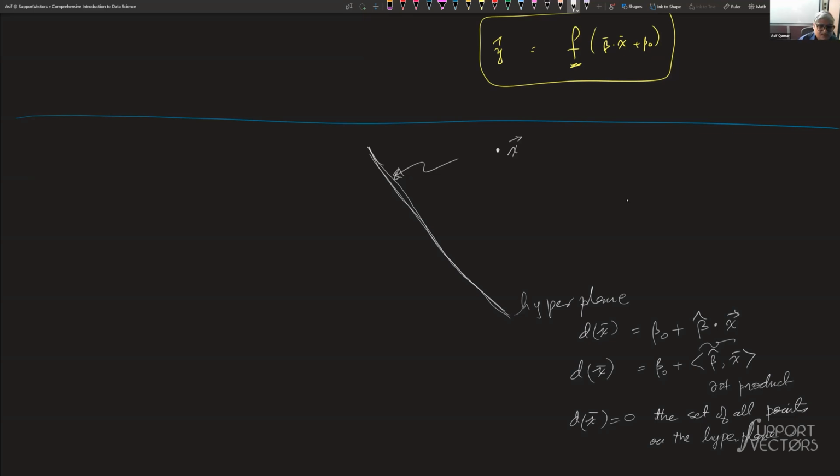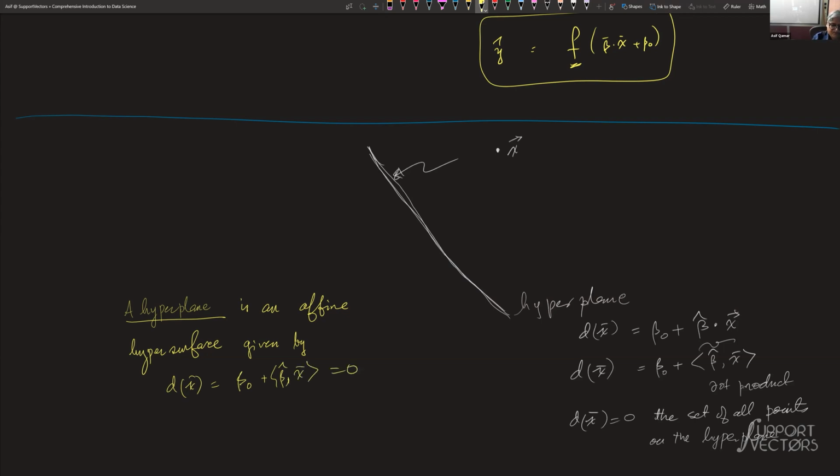So another way that we can define a hyperplane, just putting it very simply, is that a hyperplane is an affine hypersurface given by beta naught plus beta dot x is equal to 0, right?